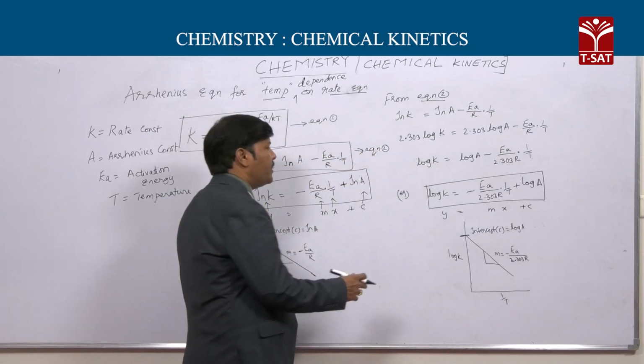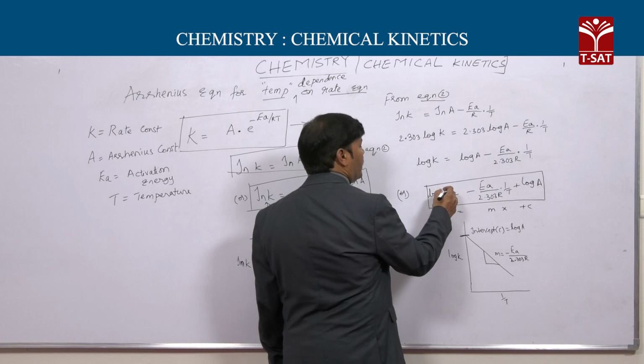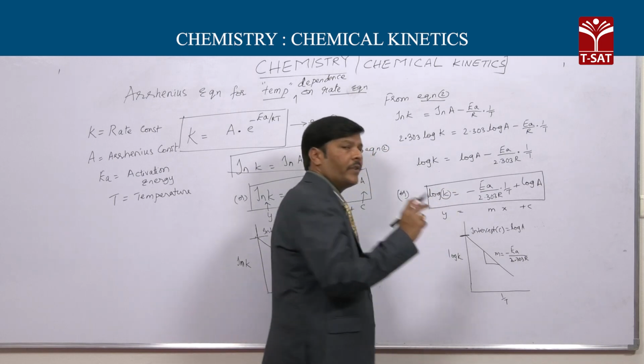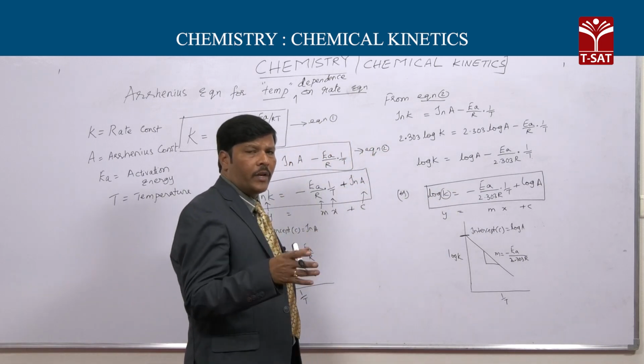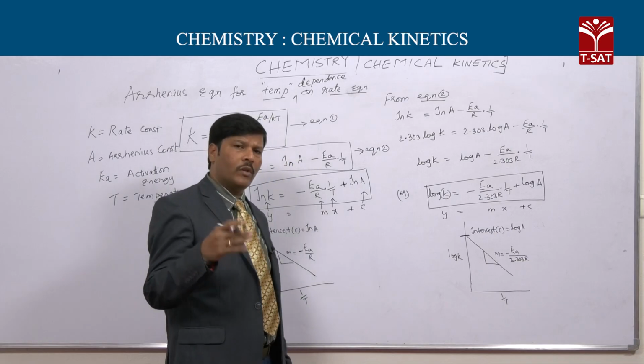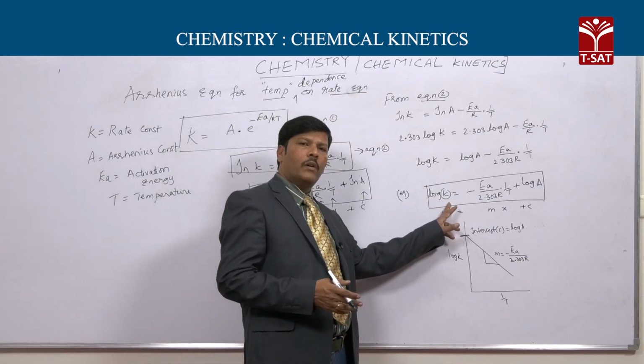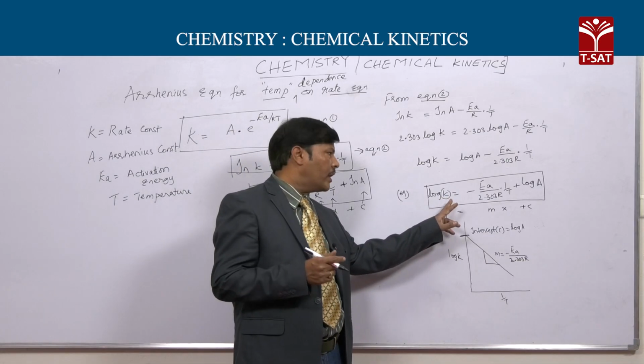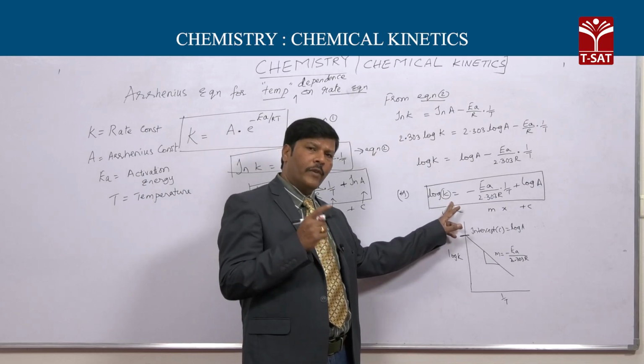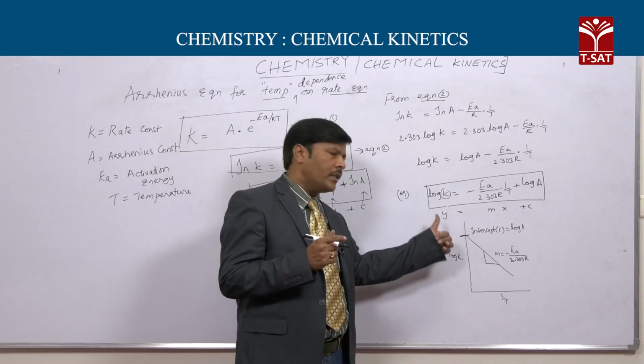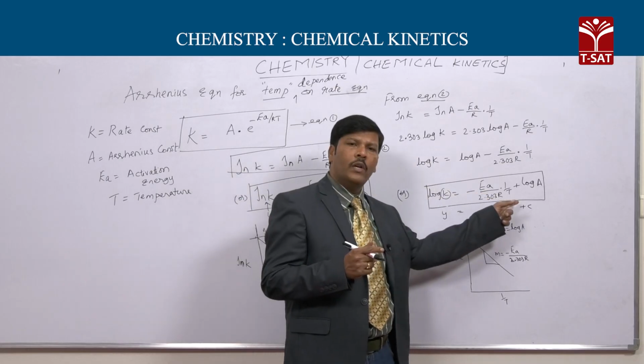But what we need to understand here is that the rate of reaction depends on temperature. If the rate of reaction depends on temperature, the rate constant also depends on temperature, because the rate of reaction depends on the rate constant. If the rate constant changes, the rate of reaction also changes, so the rate constant definitely depends on temperature.